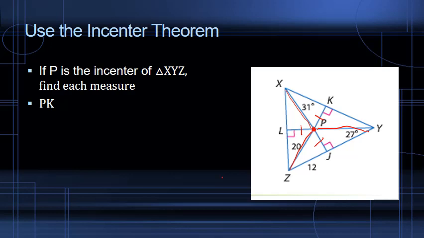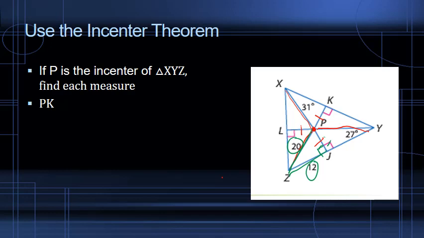Now, in this triangle right here, let's say P, X, J. And this is a right angle here, by definition. Then this is the hypotenuse, and this is a side, but we do not know the measure of that side, PJ. We're asked to find PK. But PK and PJ are going to be congruent, or equal to each other. And we have enough information here to find the measure of PK.